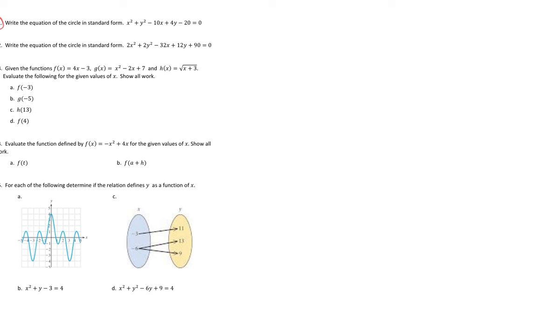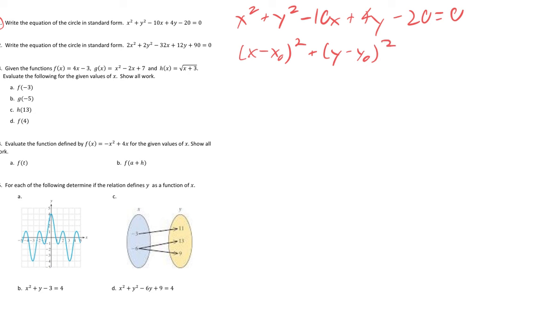Alright, so looking at number 11 here, we want to write the equation of the circle in standard form. The equation is x squared plus y squared minus 10x plus 4y minus 20 is equal to 0. So we want to get this in the form of x minus x0 squared plus y minus y0 squared is equal to the radius squared, right?